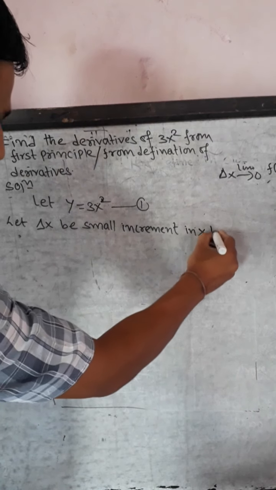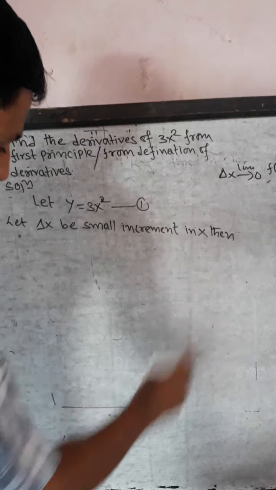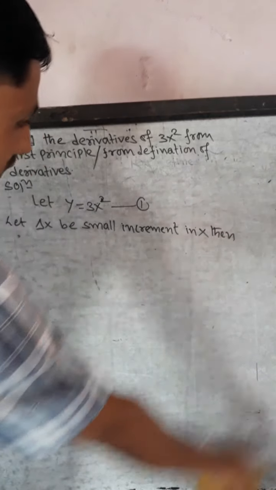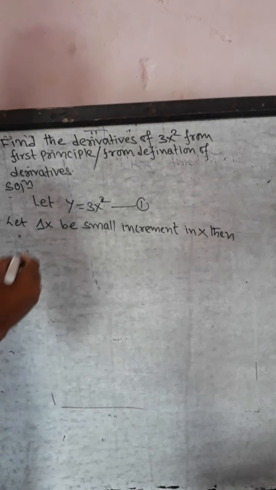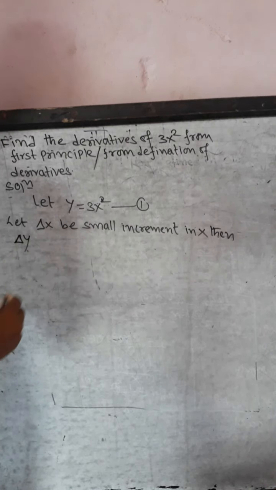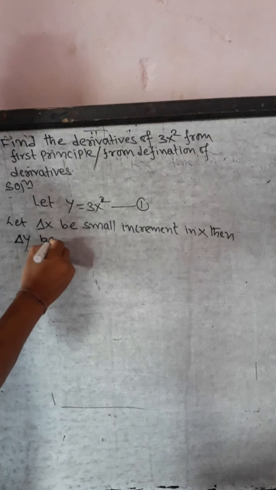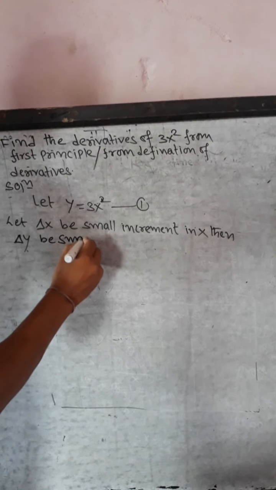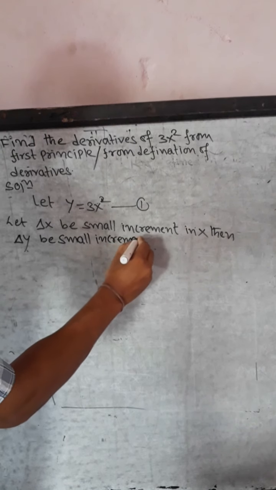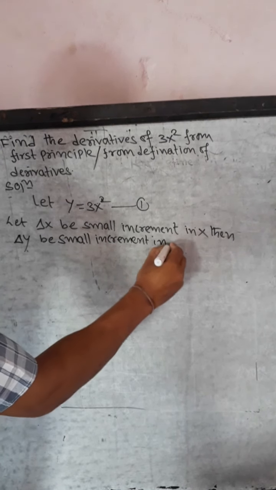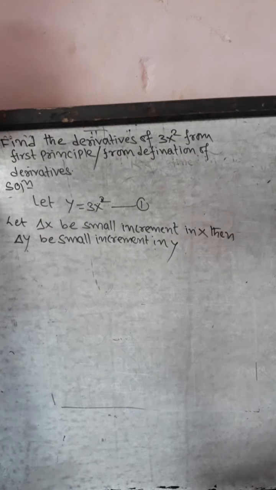Then del y be, if del x is the small increment in x, then del y be the small increment in y, corresponding to it.